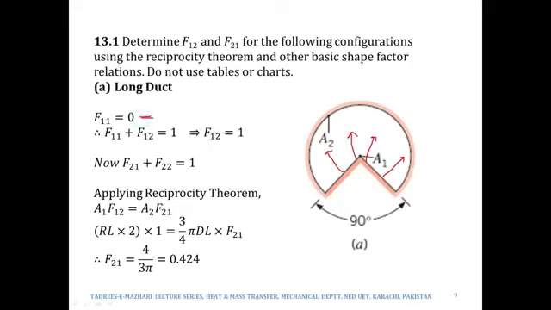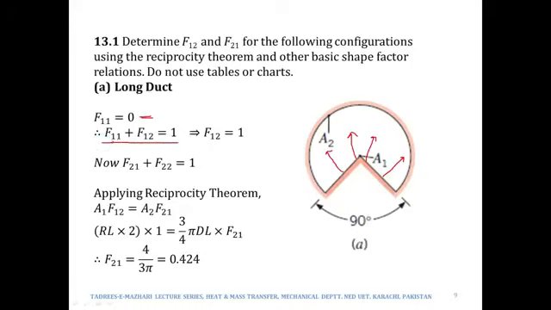F11 would be 0, and F11 plus F12 is equal to 1, which is the summation rule. But whenever you apply the summation rule, kindly take a look at whether you have written it correctly or not. What does this sentence mean?